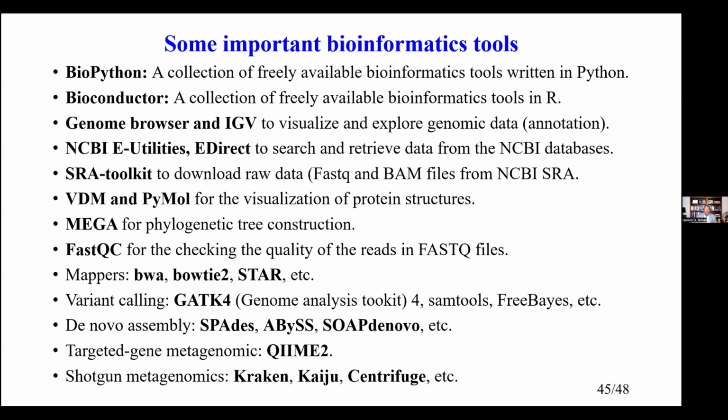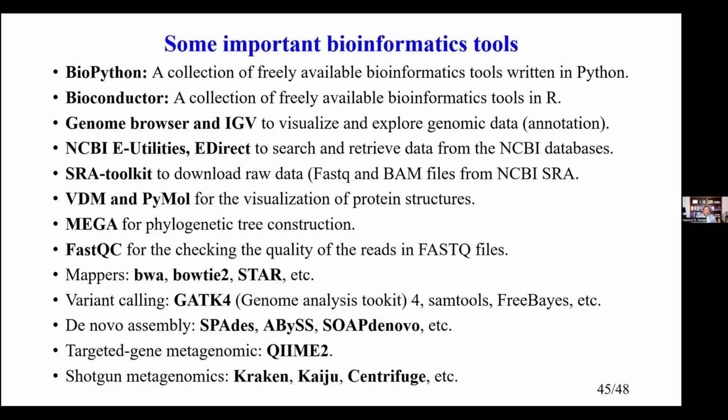By the way, there are some important bioinformatics tools that I want to finish with. If you are using Python, you can use Biopython, a very good package for this. Bioconductor, if you are an R user. You can use genome browsers like IGV, the Integrative Genomics Viewer, to visualize and explore the genome.